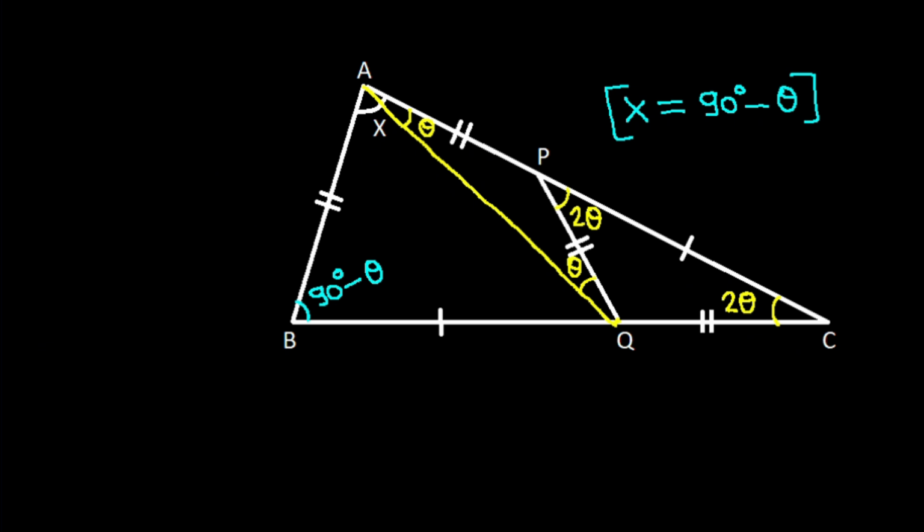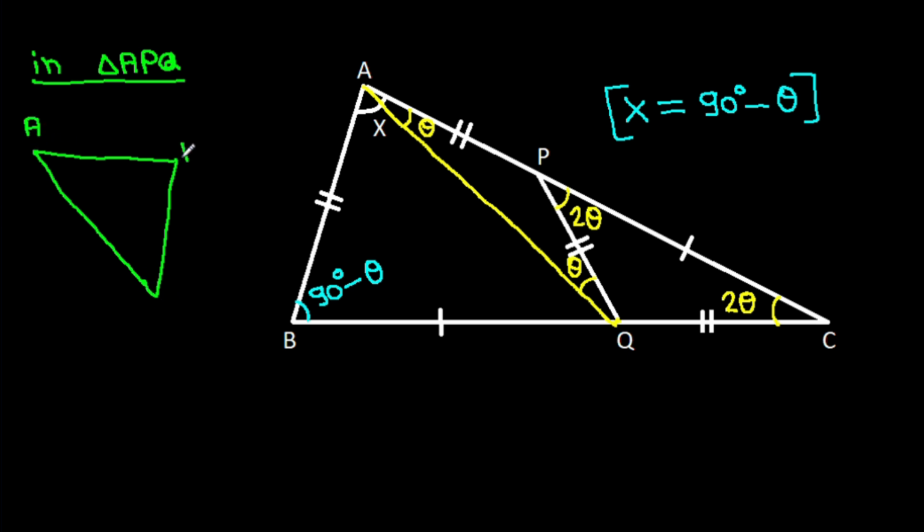Now in triangle APQ, it is A, P, Q. We have AP is equal to PQ. That means it is an isosceles triangle.